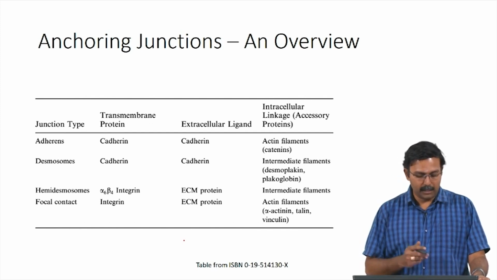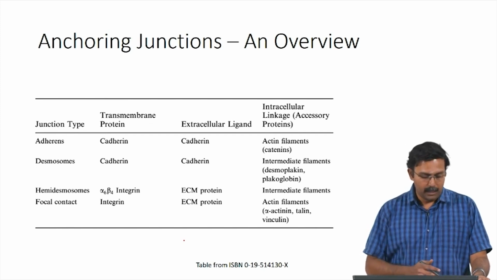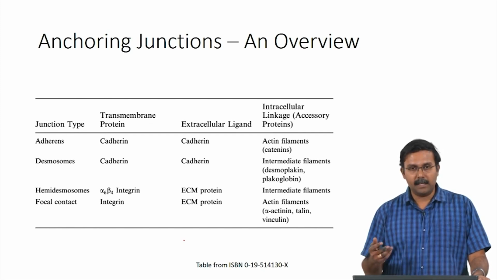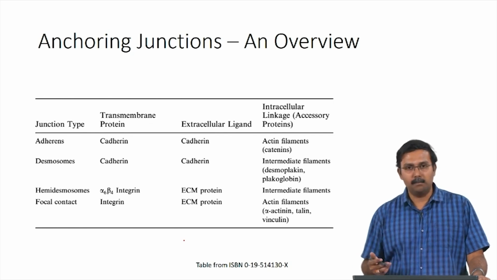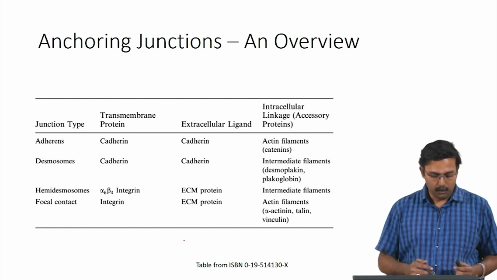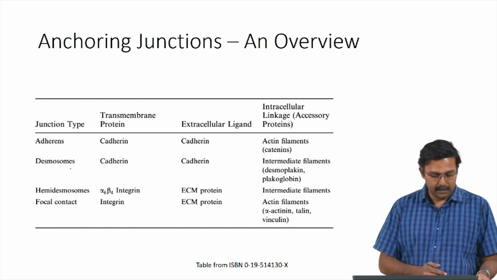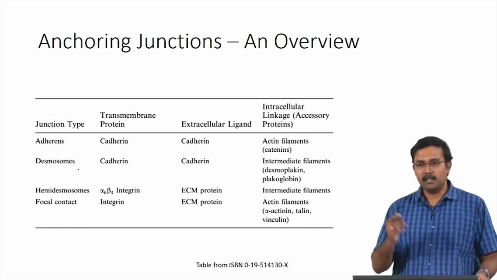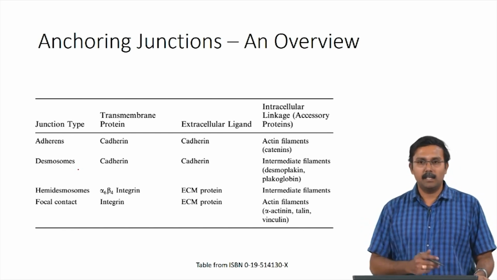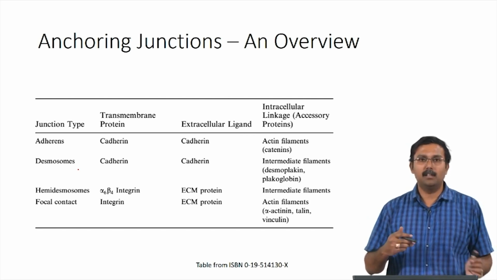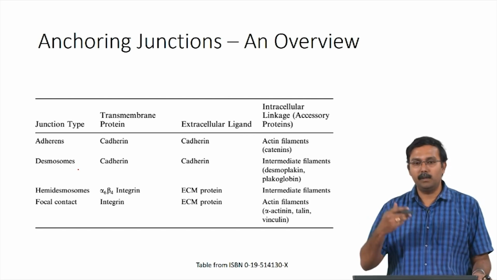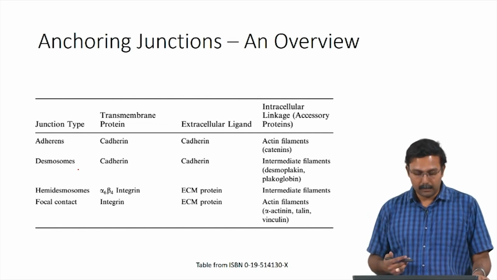Hemidesmosomes are not cadherin dependent; they form interactions based on integrins and an ECM protein. So, what you can identify from that is that adherens junctions and desmosomes are usually used in cell-cell interactions, whereas hemidesmosome is the type of anchoring junction which is formed between a cell and a matrix. Okay.